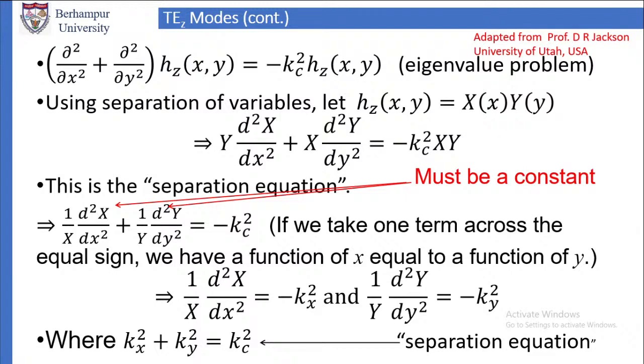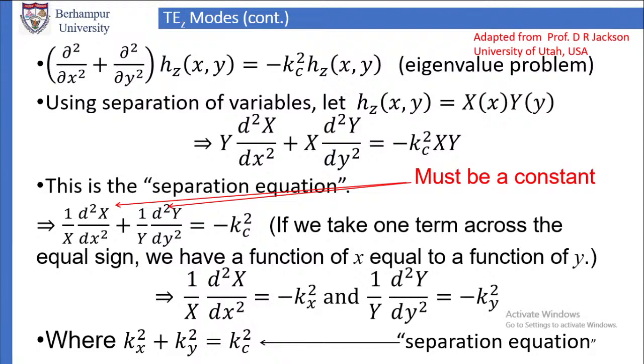We have to solve the differential equation. So what we'll do is use the principle of separation of variables. The principle says that if Hz is a function of x and y, then we can write Hz as a function of x times a function of y.